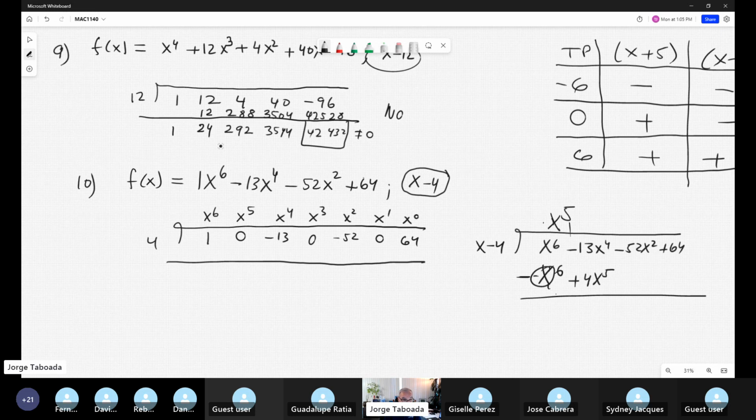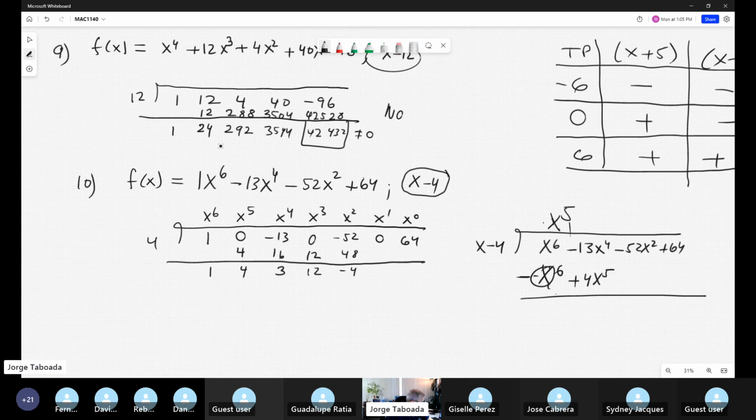Okay, so bring down 1, multiply by 4: 4. 4 plus 0 is also 4. 4 times 4 is 16, positive. This is 3, positive 3, 12. 12 plus 0 is 12. Times 4 is 48. Subtraction is negative 4.